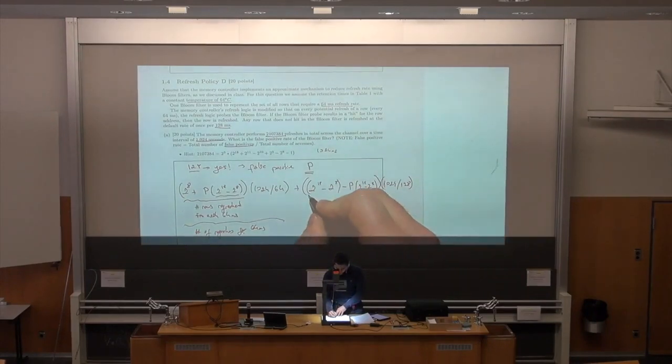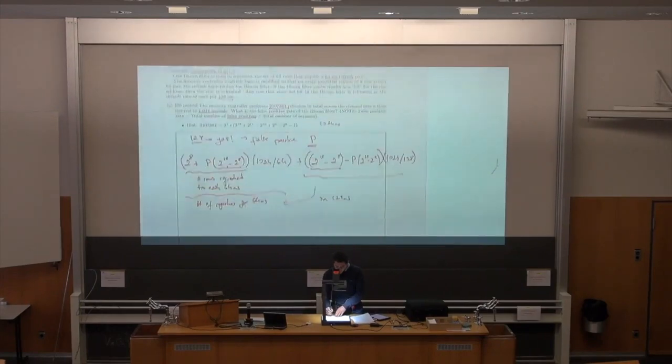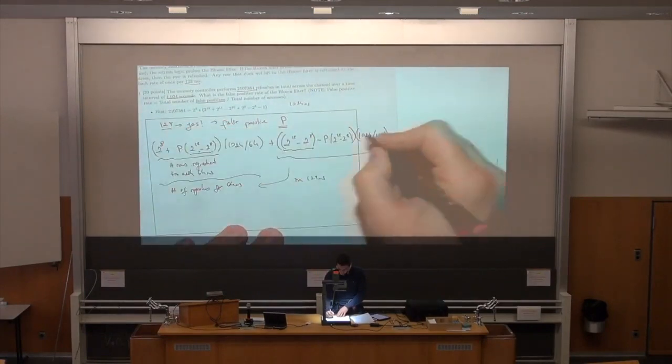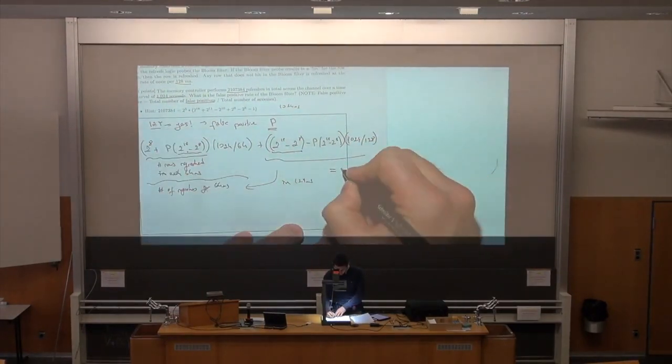So basically these are the rest of the rows that should be refreshed in 128 milliseconds minus those that are actually refreshed here. Okay, and this is again the number of rows in 128 milliseconds. So if you sum this one, this number is actually given here. It's 2 million something.